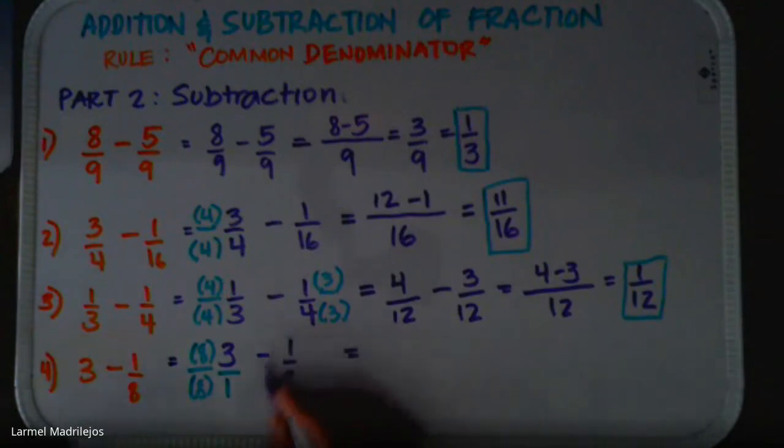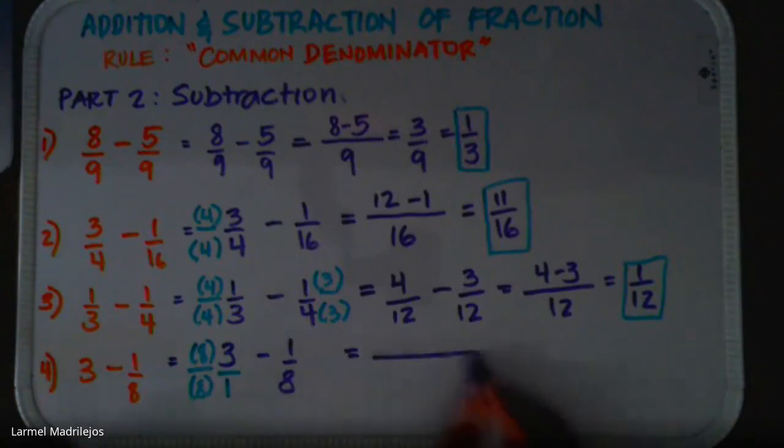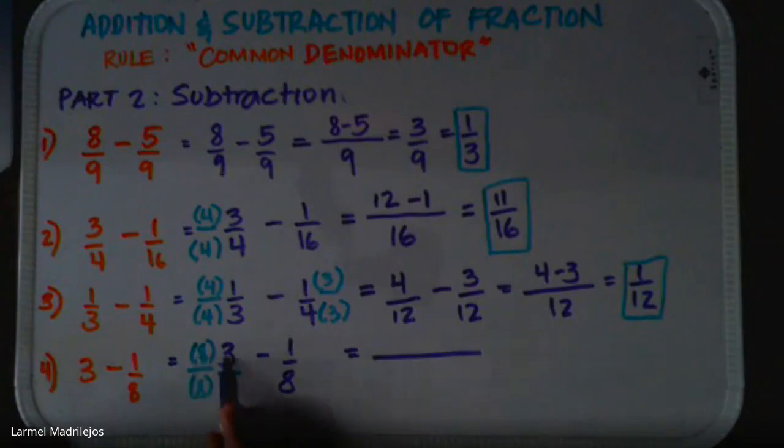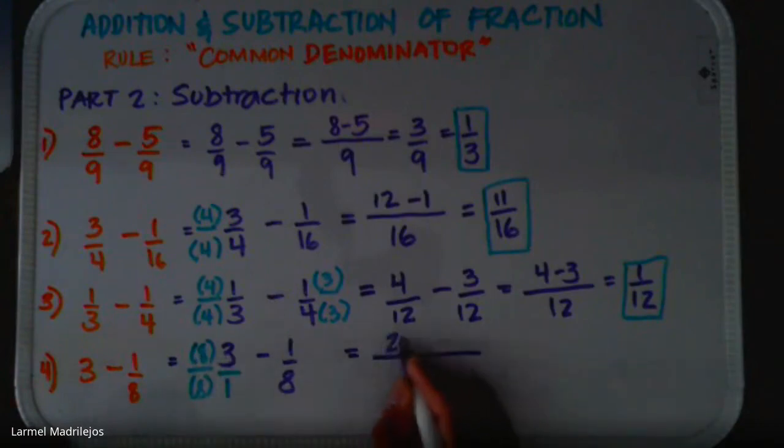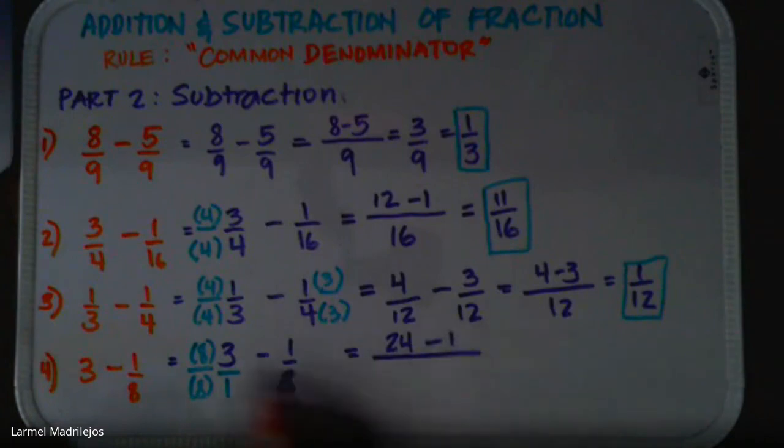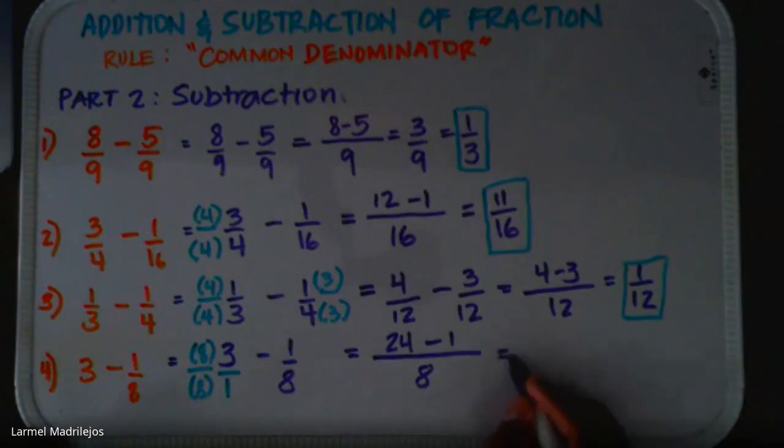I don't need to multiply this because it's already 8 here. So I'm going to rewrite them as 8 times 3 is 24, minus 1, all over 8. Subtract that: 24 minus 1 is 23 over 8.